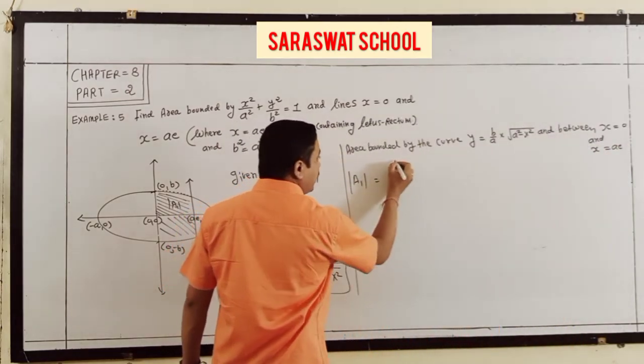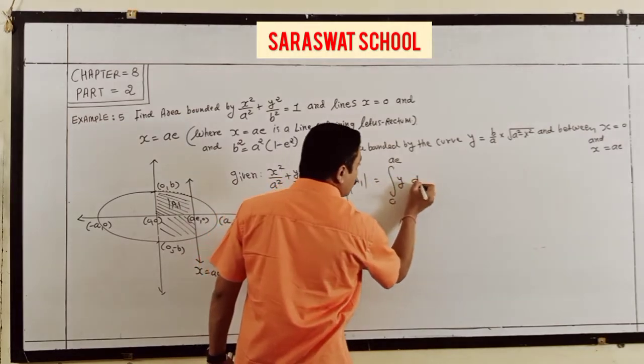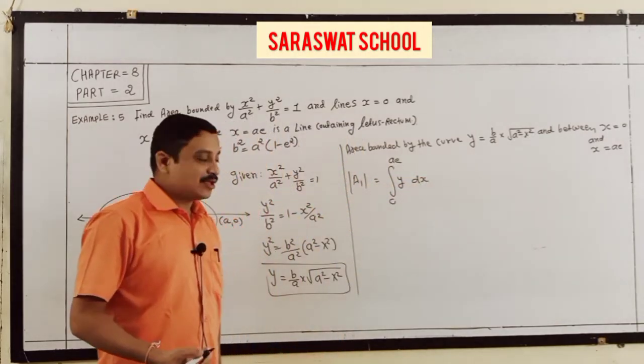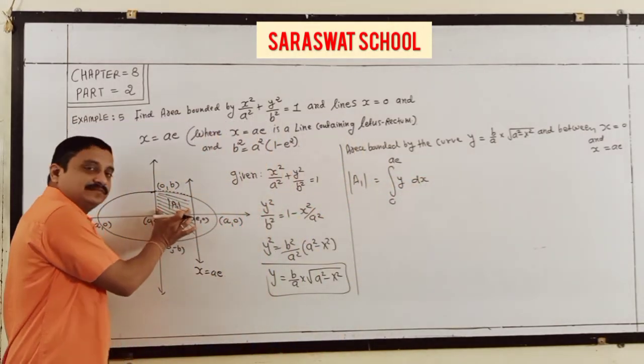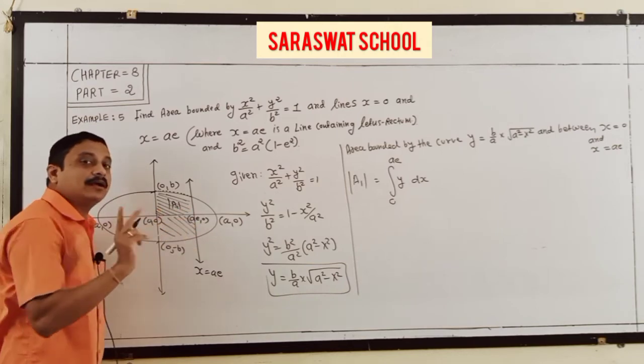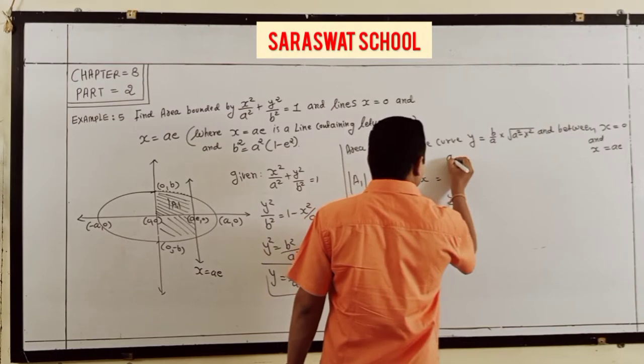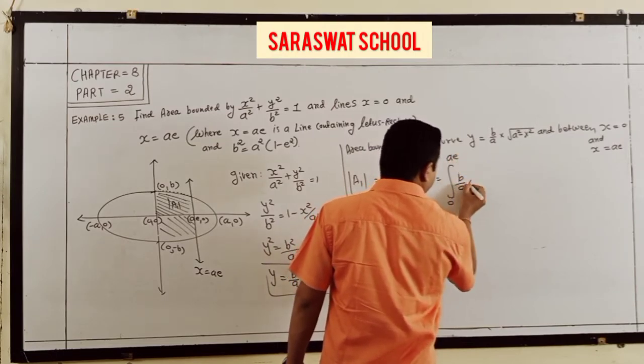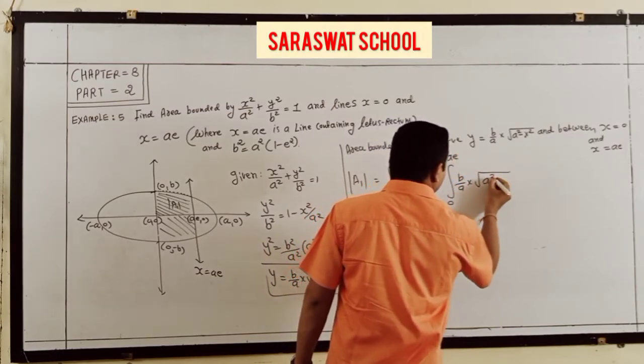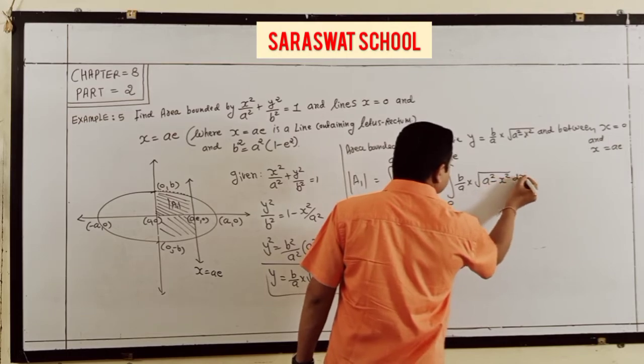It is integral from 0 to ae of y dx, only that I calculate. Then after I make double, so integral from 0 to ae of b by a under root a square minus x square dx.